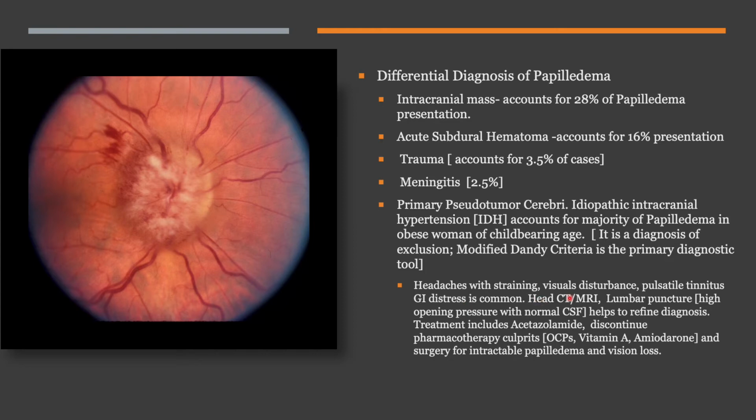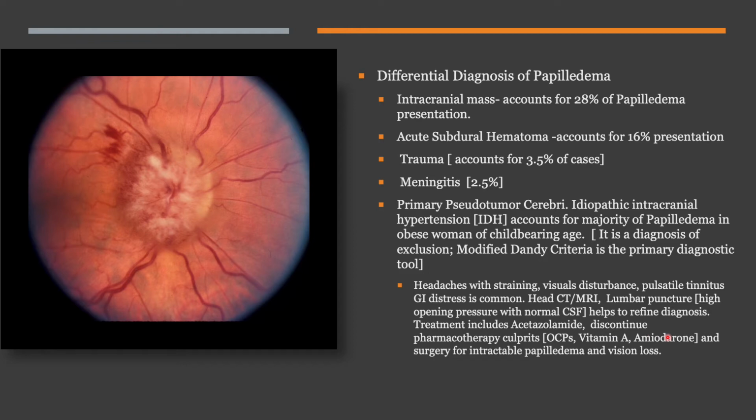Head CT, MRI, and lumbar puncture help to refine the diagnosis. Lumbar puncture usually has a high opening pressure with a normal CSF. Treatment includes acetazolamide. Also, it's important to discontinue pharmacotherapy culprits such as OCPs, vitamin A, and amiodarone.